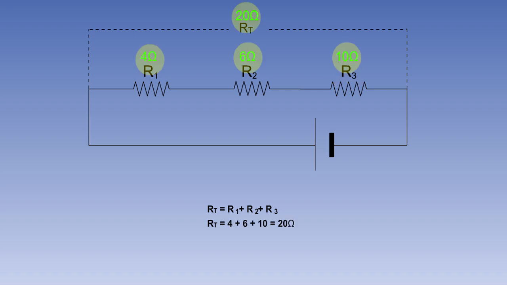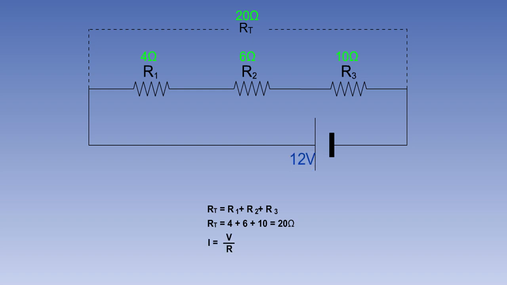If we add some numbers to the circuit, you can see that the total resistance of this particular circuit is 4 ohms plus 6 ohms plus 10 ohms, making a total of 20 ohms. The applied voltage is 12 volts.